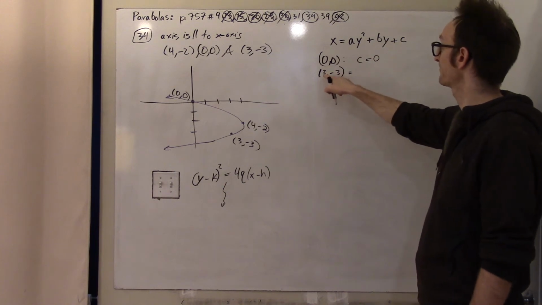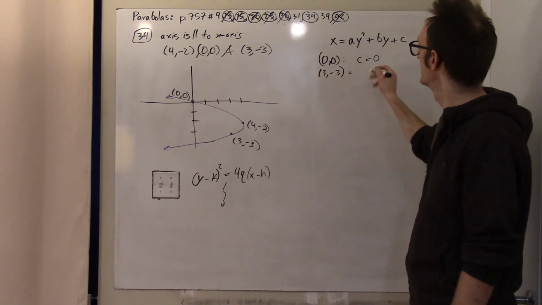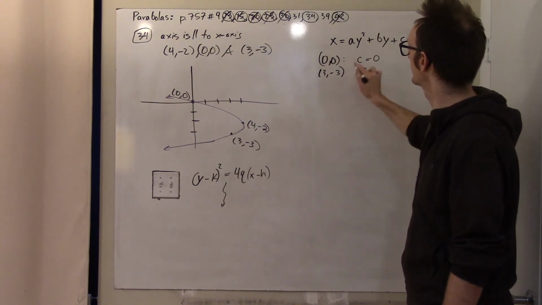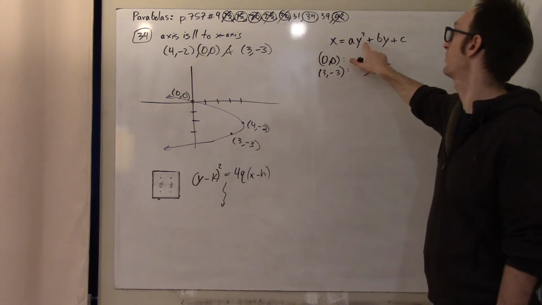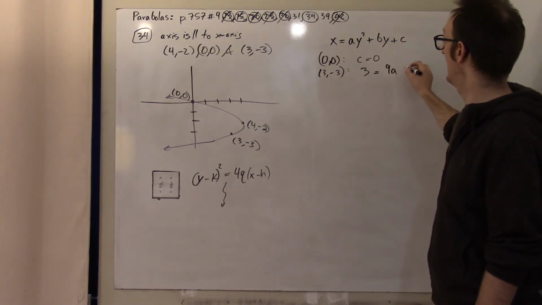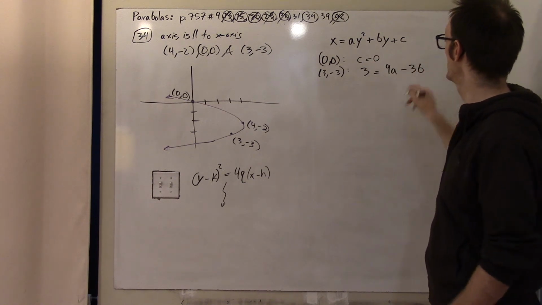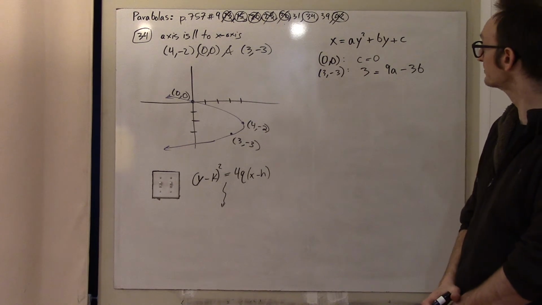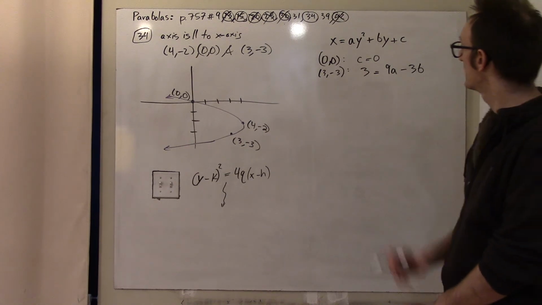We get that when x is 3, when I plug negative 3 in for y, I get 9a minus 3b plus c, but c is 0.